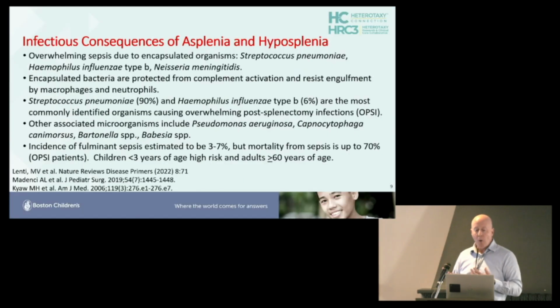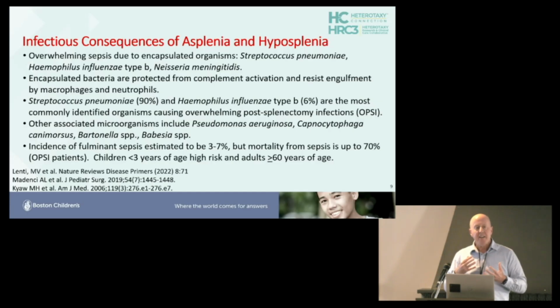So the consequence of asplenia or hyposplenia is overwhelming sepsis due to these encapsulated organisms such as Streptococcus pneumoniae, Haemophilus influenzae type B, and Neisseria meningitidis.